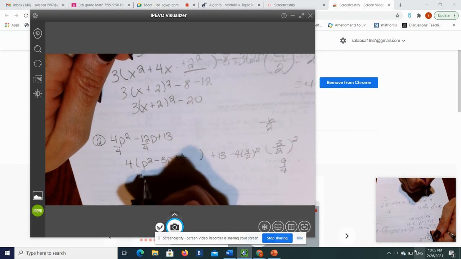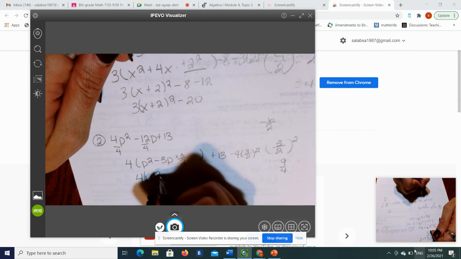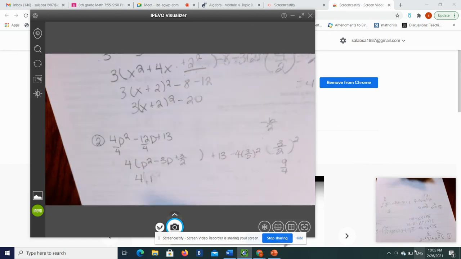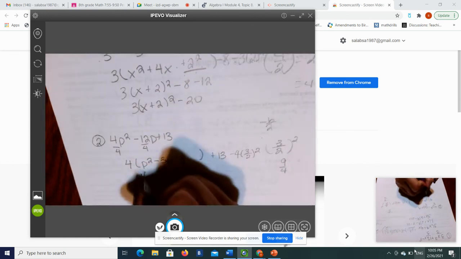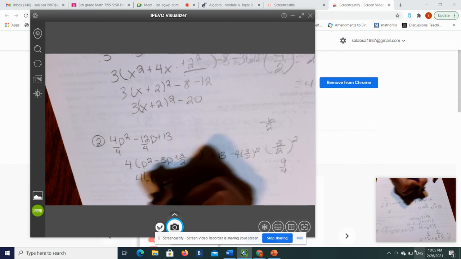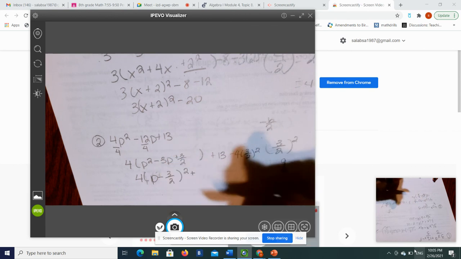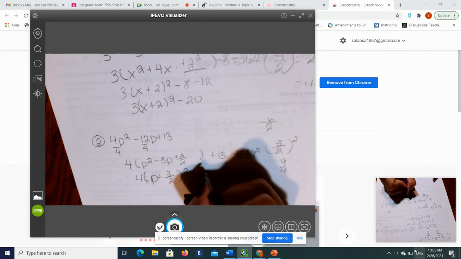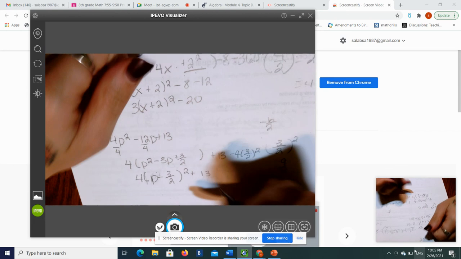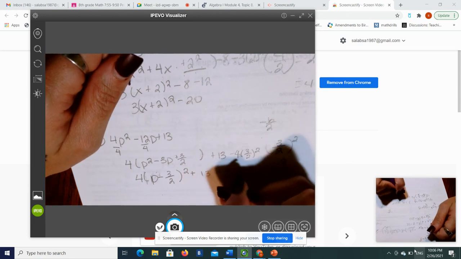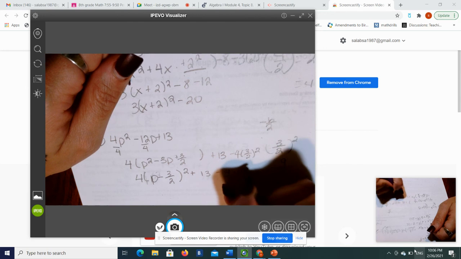So now we have 4 parentheses p squared. So it's not p squared, I meant just p. 4 parentheses p minus 3 over 2 squared plus 13 minus 4 over 1 times 9 over 4.